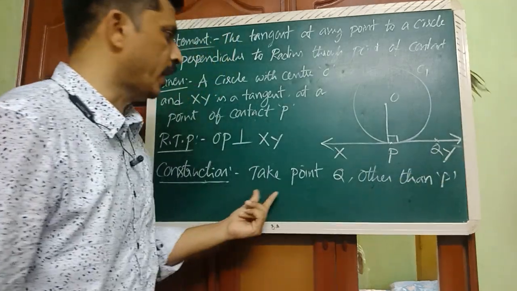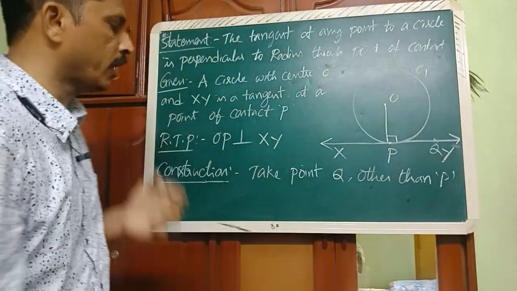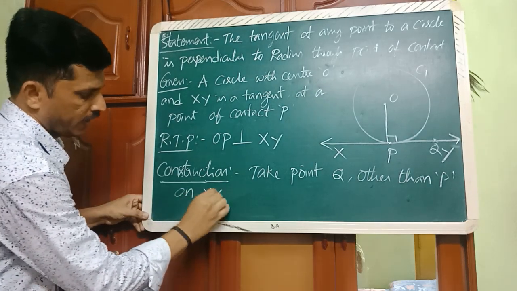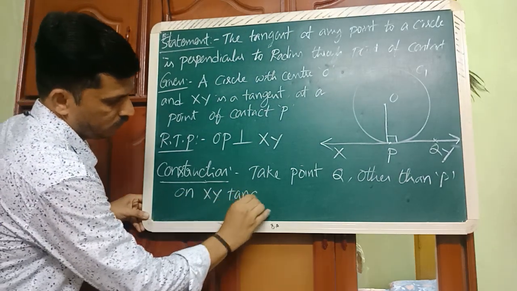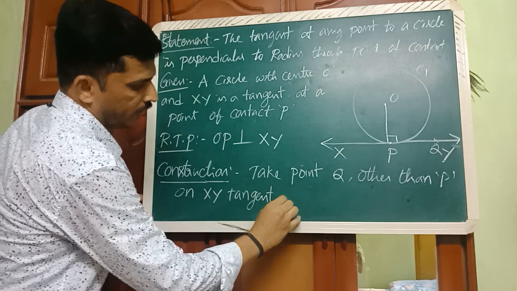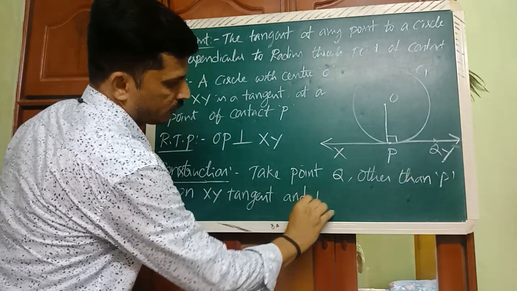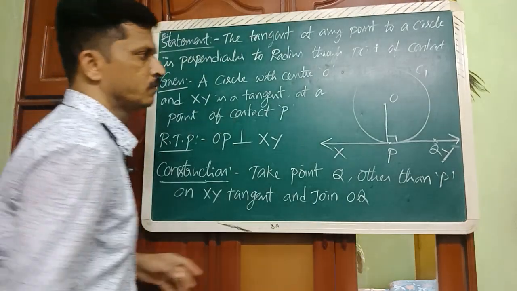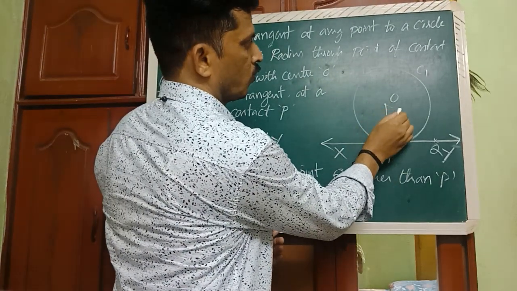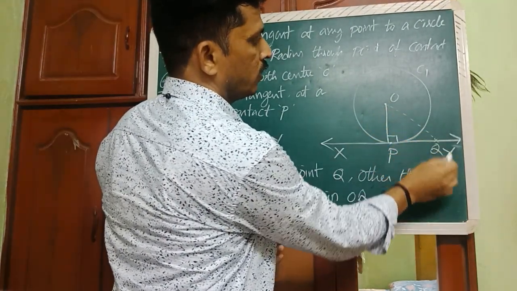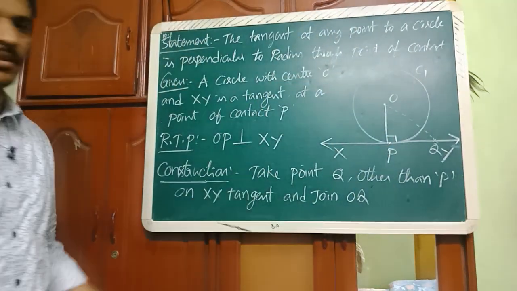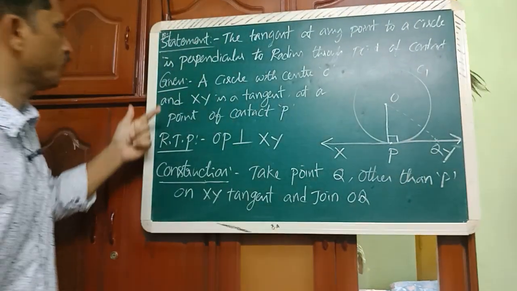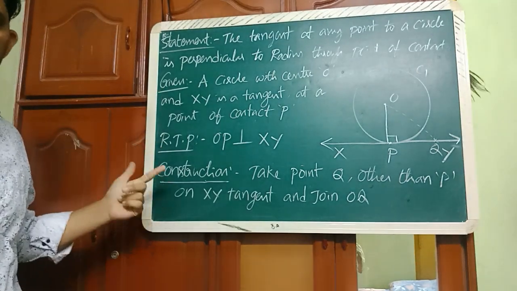Q is another point other than P on tangent XY, and join OQ. Yesterday I took only one point. Next, this is the given, required to prove, and construction.